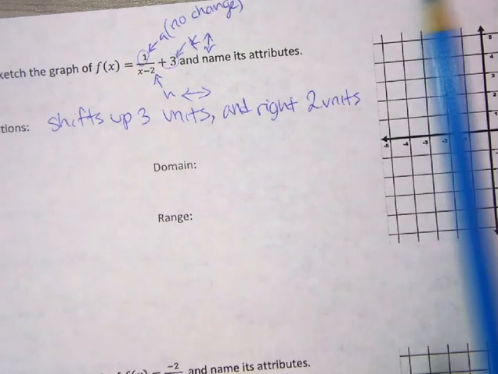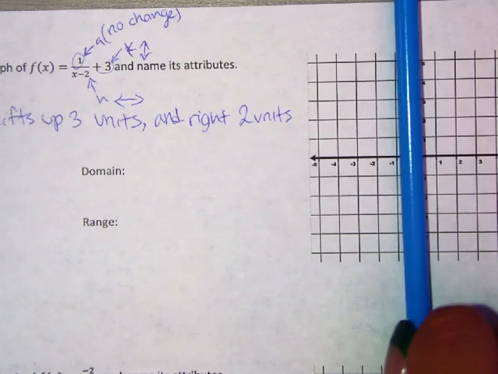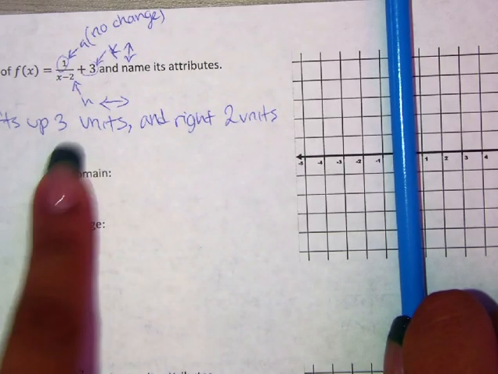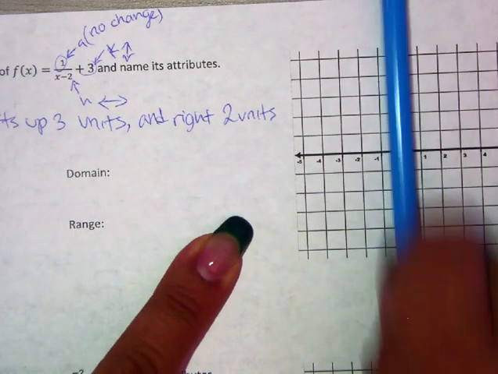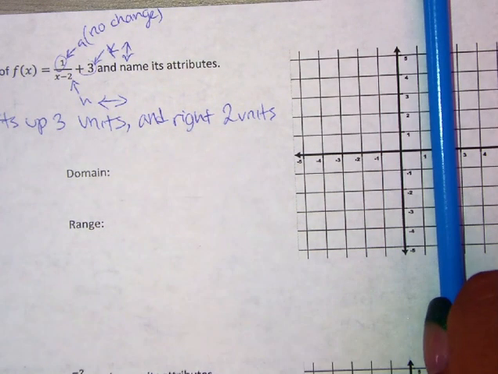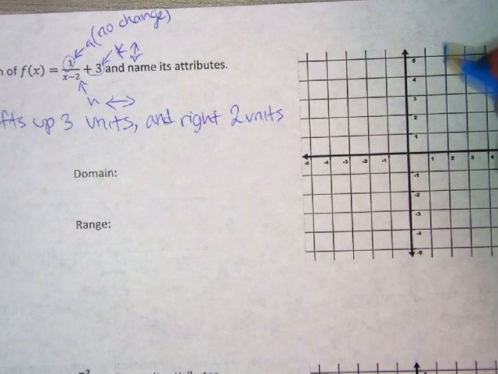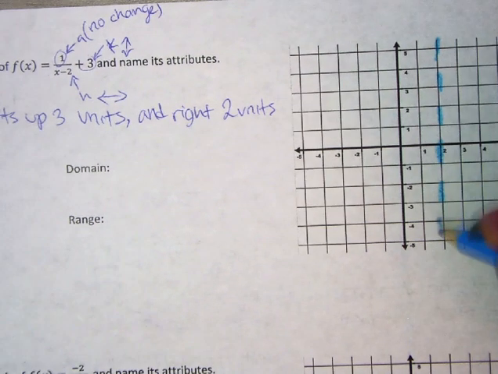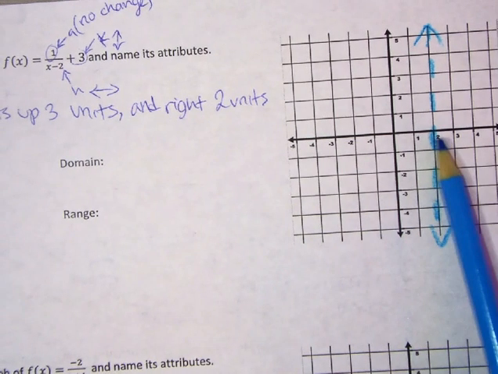The vertical asymptote originally is here at 0, when x equals 0. Shifting it up doesn't really make a difference, but shifting it right 2 units does. So we're going to move it to the right 2 units, and this is where the vertical asymptote is now, which means you are going to specify that change.